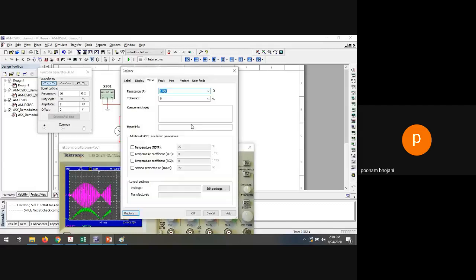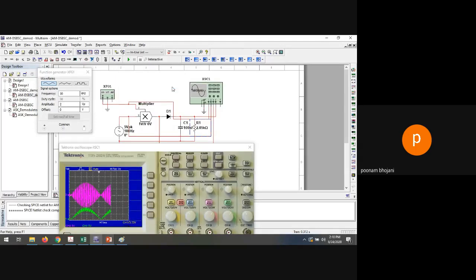See, I already told you about the low pass filter. That RC filter can be used as a low pass filter because RC is a time constant. It means T equals RC, then frequency will be 1 upon RC.